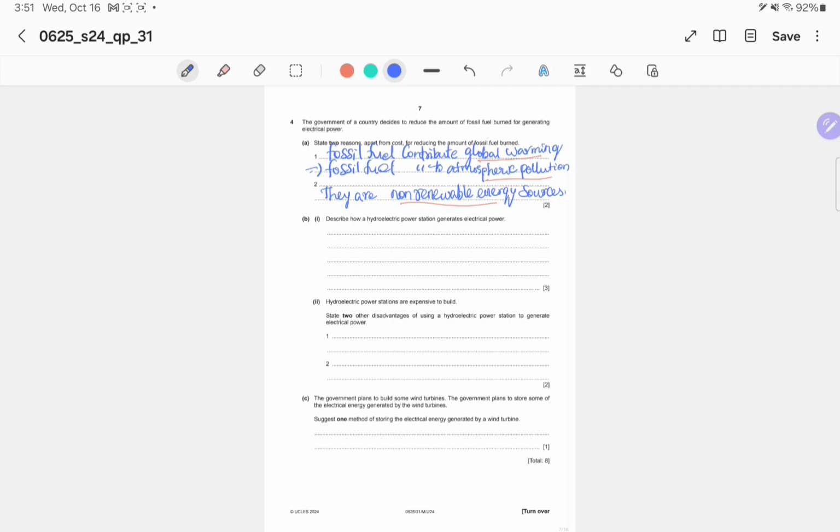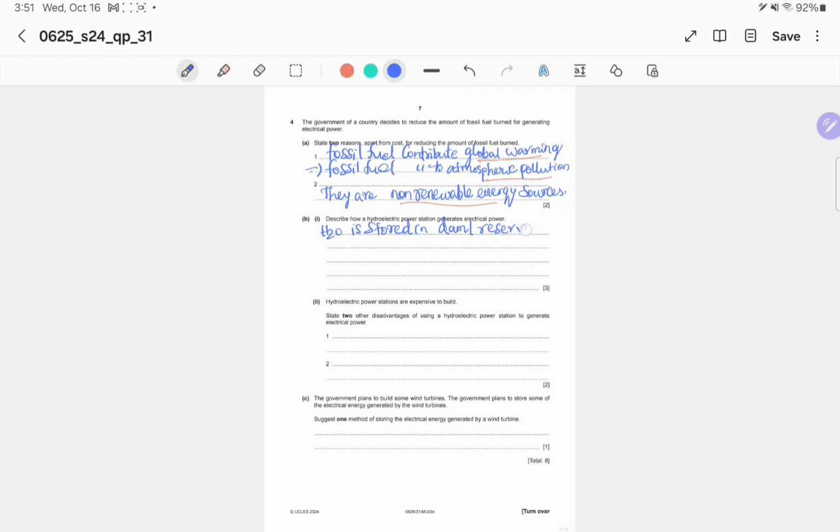Describe how a hydraulic power station works. Very simple. Water is stored in the reservoir or the dam, wherever it is used. First point, I am writing in a simple way because the space is squeezed. Please don't write it in chemical formula. Water is stored in the dam or reservoir.